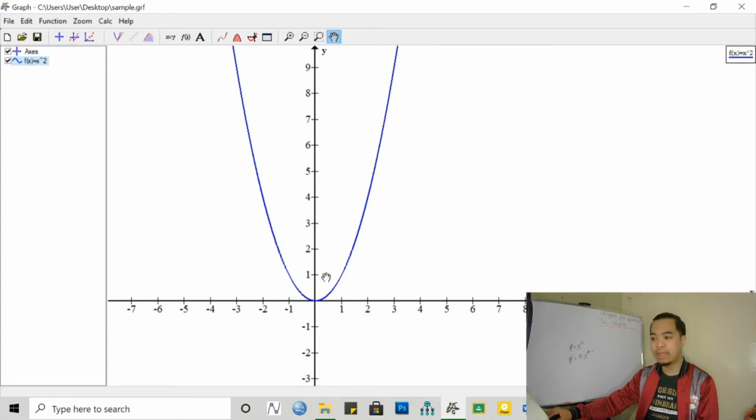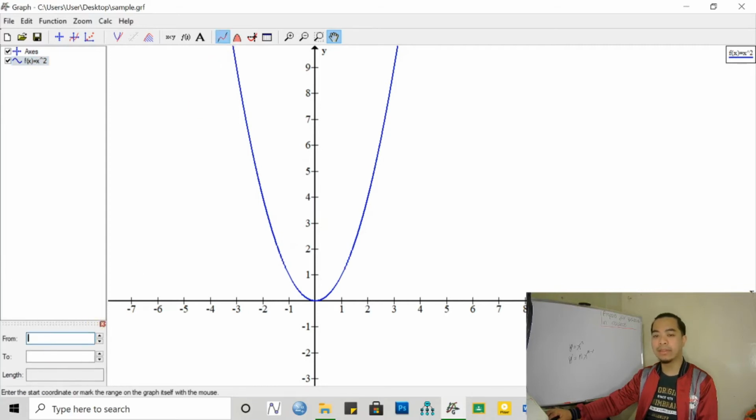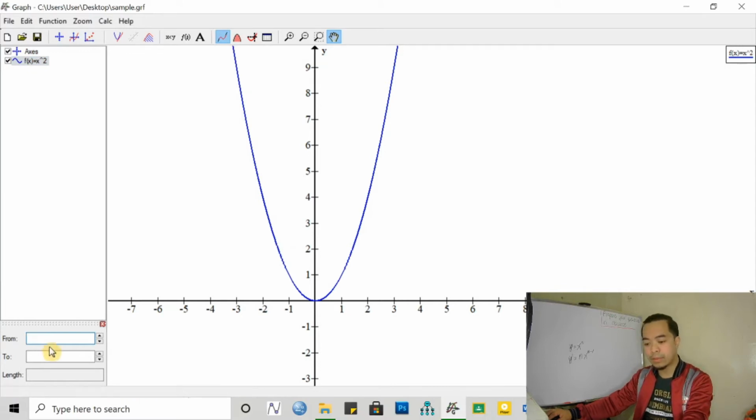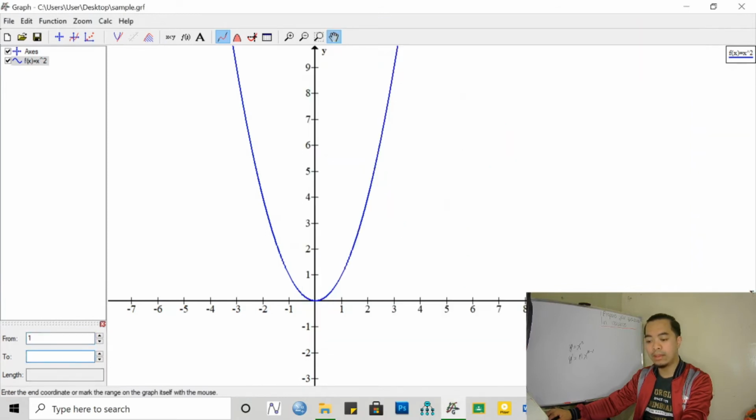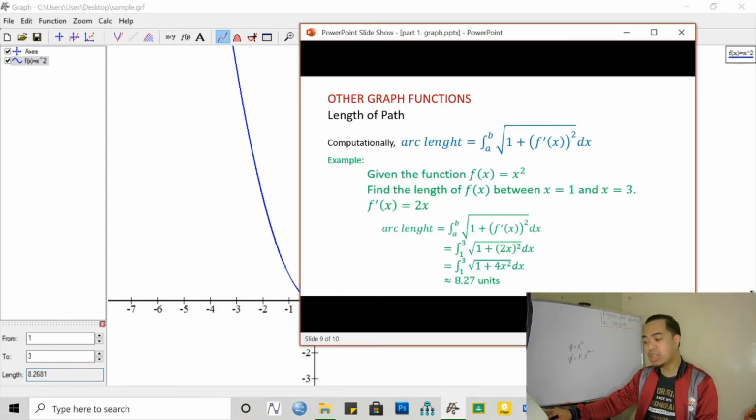So we can simply compute that by clicking the function first. So make sure that you selected the function you want to compute from, and then use this button, this one. Let's click that one. It will first ask us the interval that we want to compute. So we want to start from, again, 1 until 3. And it will automatically give us the value. It's approximately 8.27 units, which is the same as what we computed manually.